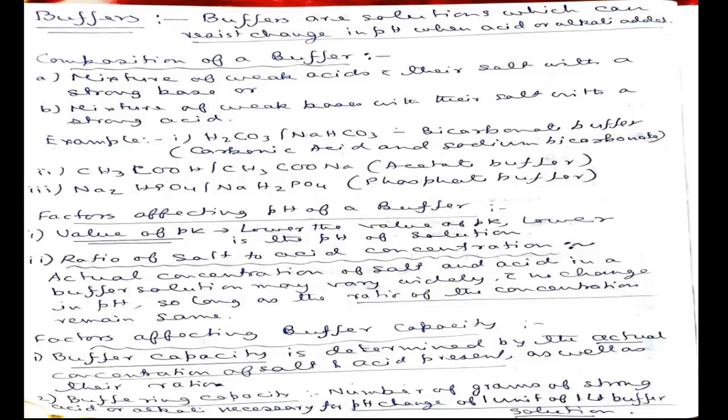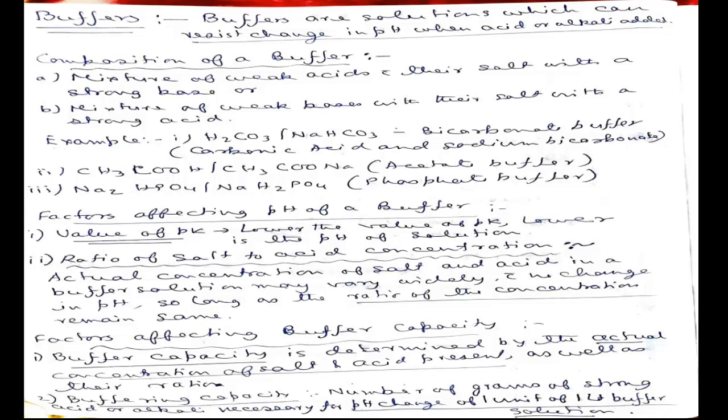Example is bicarbonate buffer. It is combination of carbonic acid and sodium bicarbonate. Acetate buffer. It is combination of acetic acid and sodium acetate. Phosphate buffer, it is combination of disodium hydrogen phosphate and sodium dihydrogen phosphate.